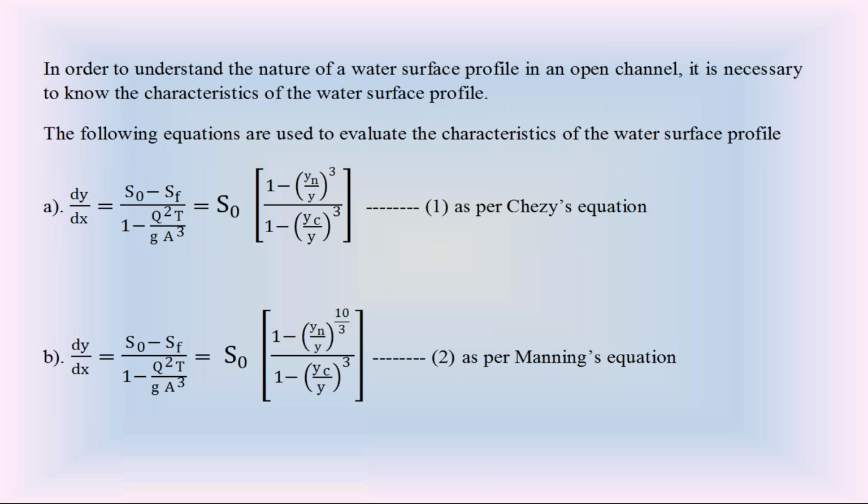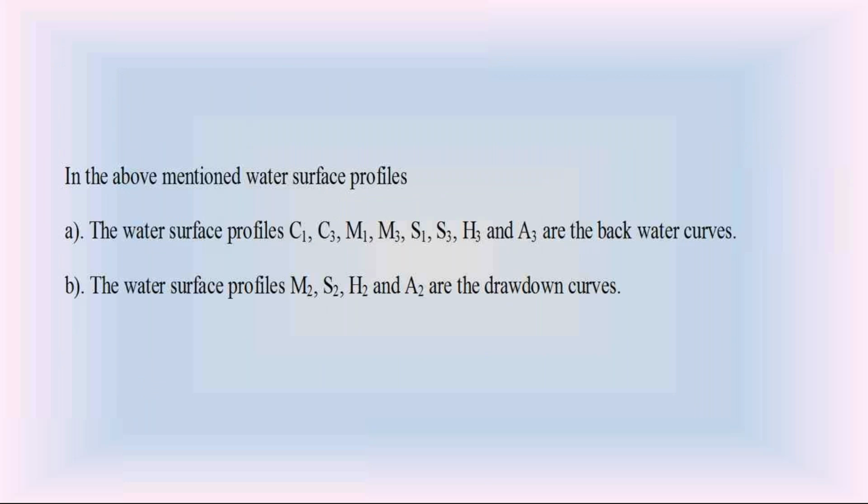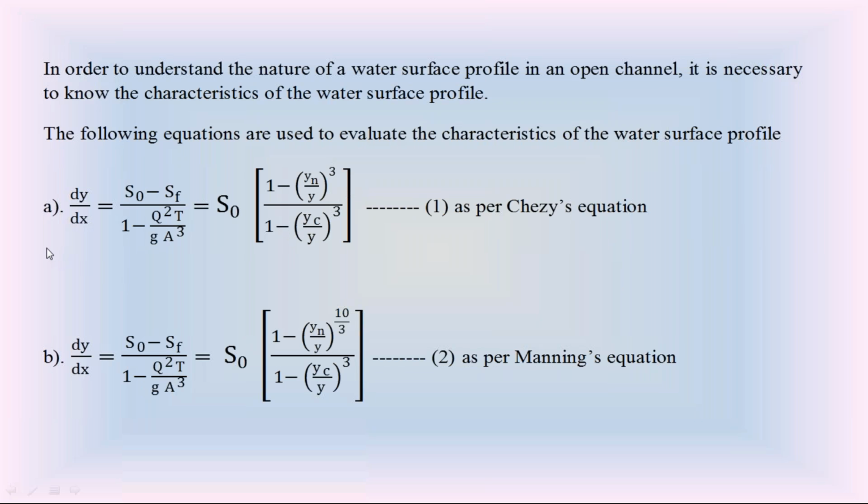Now, you can take any one of them, either Chezy's equation or Manning's equation. By considering either the Chezy's dynamic equation or the Manning's dynamic equation, we are going to discuss the different characteristics of water surface profiles in open channels.